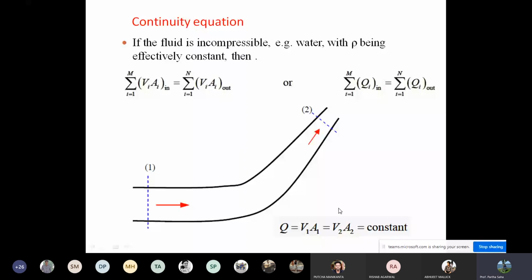The diameter is different, so the inlet cross-sectional area is different. Similarly, the outlet is narrow compared to the inlet, so the cross-sectional area A2 is also low. But since we are holding continuity, or conservation of mass, the volumetric flow rate should be identical. Velocity may be small here and high there, which balances the total volumetric flow rate. That is V1A1 equal to V2A2, which is equal to Q.